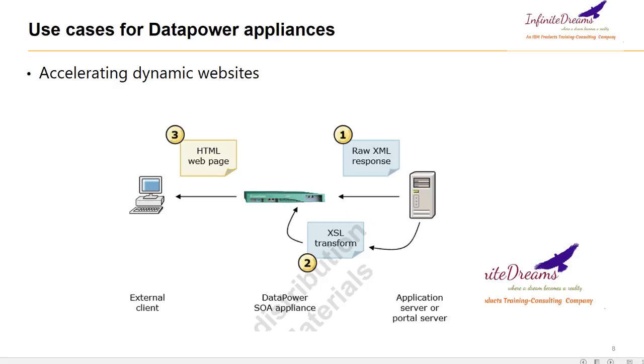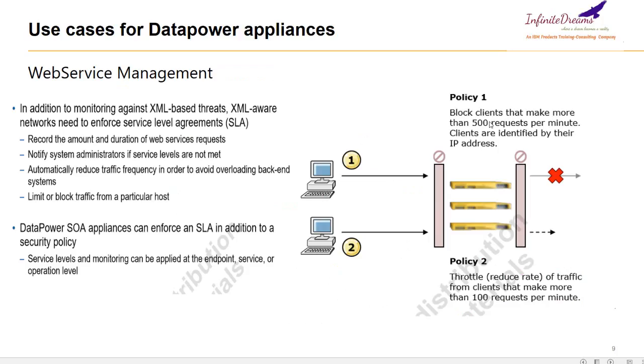In that case your system performance will be increased. Why? Because we have saved the time we were wasting in XML to HTML conversion. For doing this, Data Power uses XSLT. XSLT stands for XML Style Sheet Transformation. We will see more about XSLT in our next tutorials. So this is another advantage of IBM Data Power.